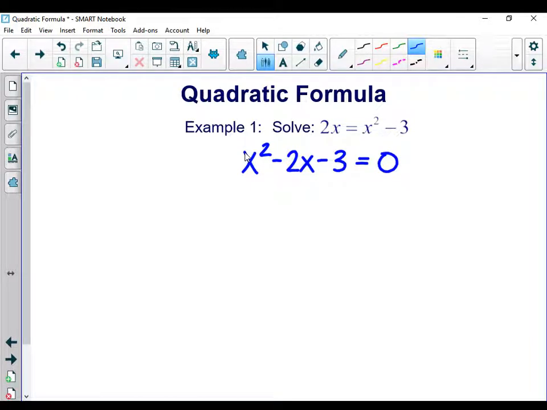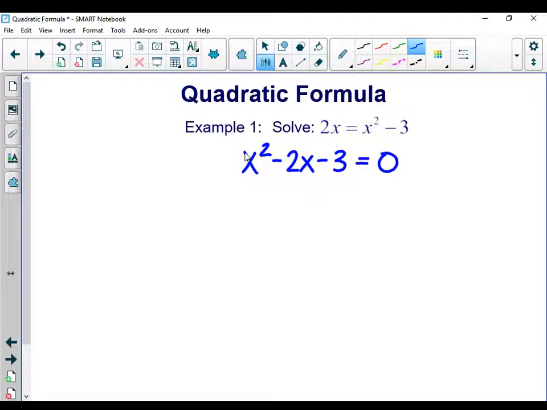Can this be factored? Yes. Are we going to factor it? No. But the good news is if you can point out that it can be factored, you know that at the end, your answer should be pretty. You should get just 2 numbers.